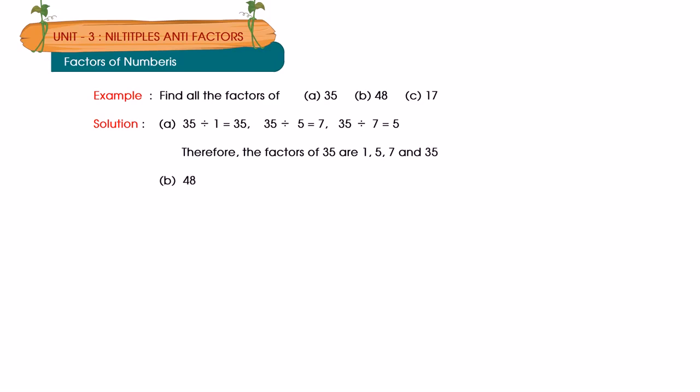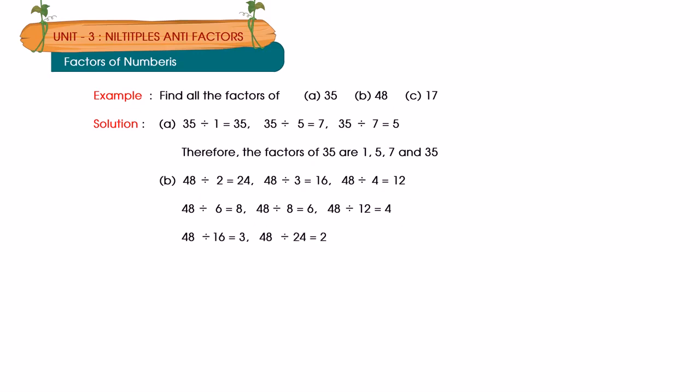(b) 48 divided by 2 is equal to 24. 48 divided by 3 is equal to 16. 48 divided by 4 is equal to 12. 48 divided by 6 is equal to 8. 48 divided by 8 is equal to 6. 48 divided by 12 is equal to 4. 48 divided by 16 is equal to 3. 48 divided by 24 is equal to 2.